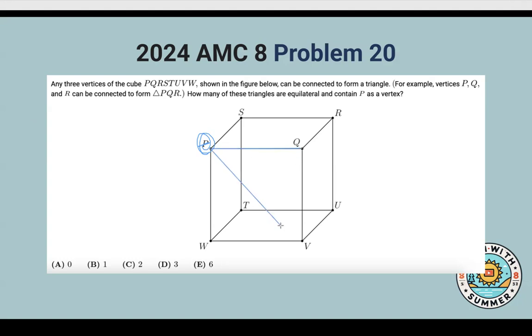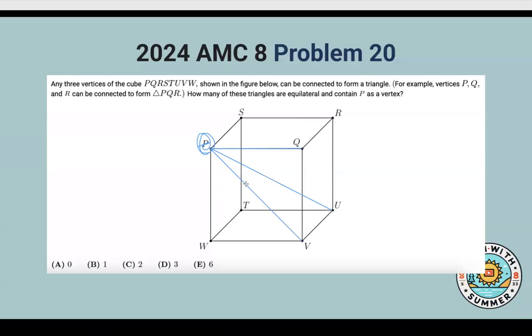Another one is one of the diagonals of the squares, the face diagonals. The third is not a face diagonal anymore. These are space diagonals, the longest diagonal that connects points across from each other in this cube. So we have three different types of line segments. We can't make any other types.